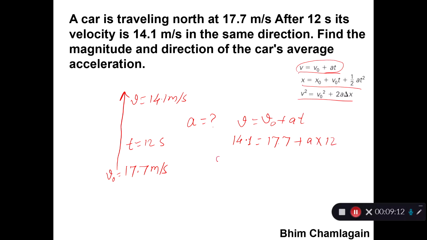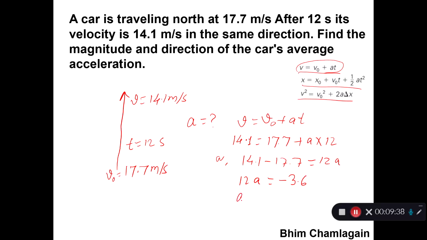Now solve this equation: 14.1 minus 17.7 is equal to 12 times a. If you subtract them, 14.1 minus 17.7, you will get negative 3.6.